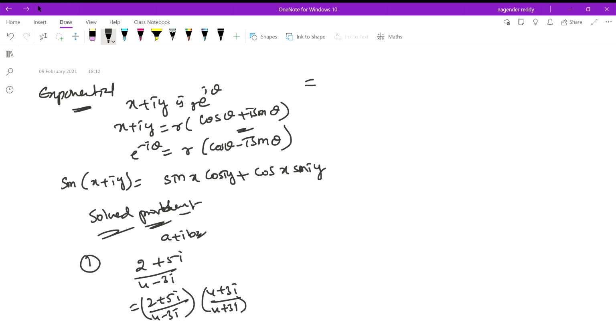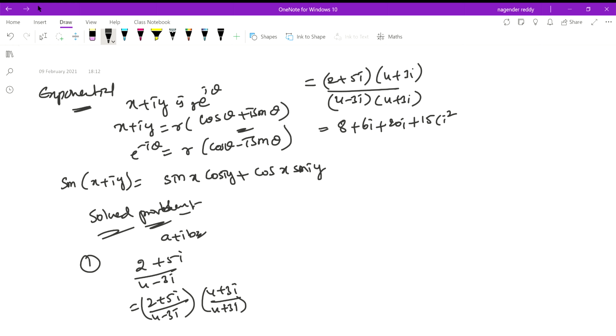Now see, 2 plus 5i into 4 plus 3i, divided by 4 minus 3i into 4 plus 3i. Now multiply: 2 4s are 8, plus 2 3s are 6i, plus 5 4s are 20i, plus 5 3s are 15i square. This time I am writing i square; next time I will go directly to minus 15.